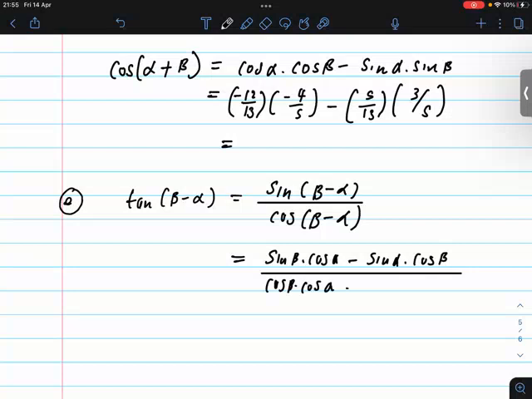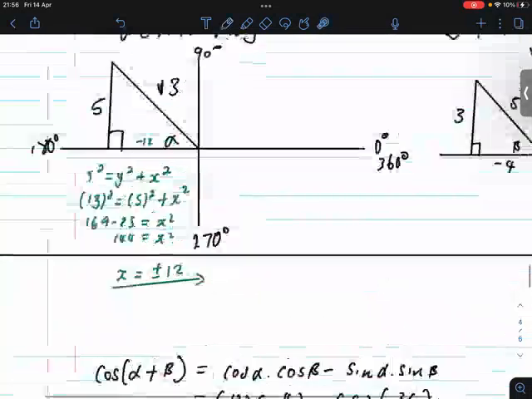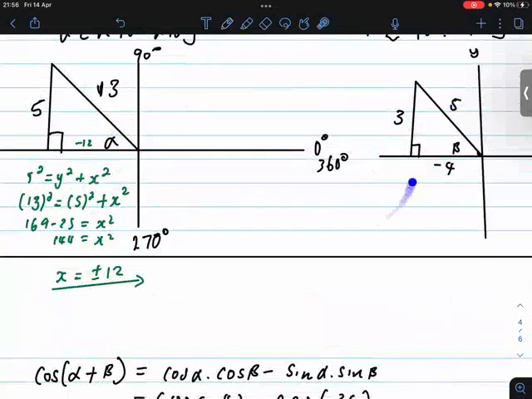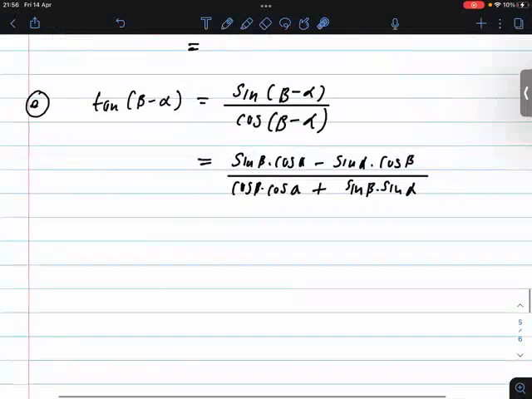But because it's a minus, it must be positive, plus sine beta sine alpha. These things are in the formula sheet. Then take all of this information and get your answer. Are we happy there, guys?